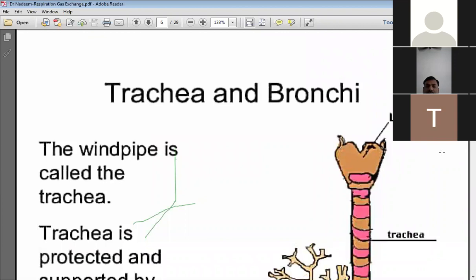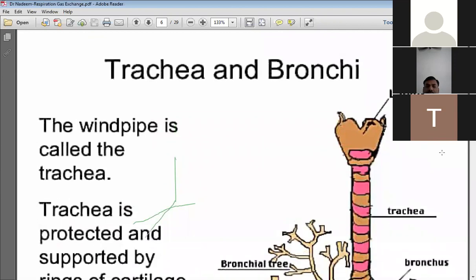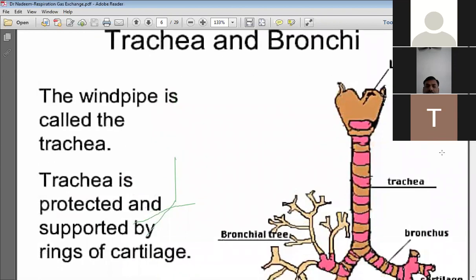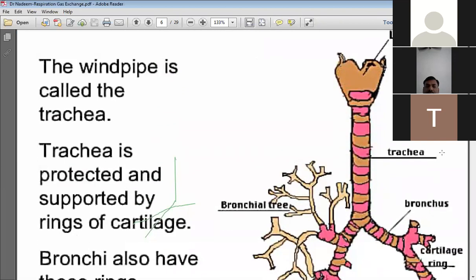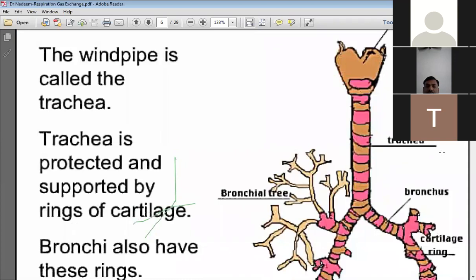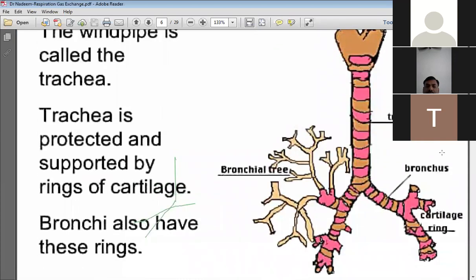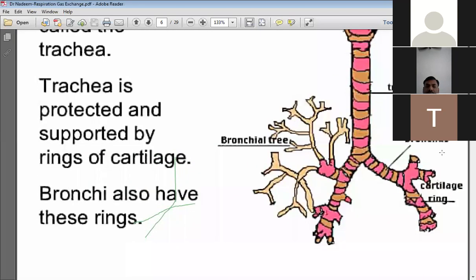From the trachea, there are the bronchi. They are also supporting organs. We told about the trachea, the windpipe, responsible for inhalation of air, transporting it to the lungs. This trachea is protected and supported by rings of cartilage. These rings of cartilage also support the bronchi.